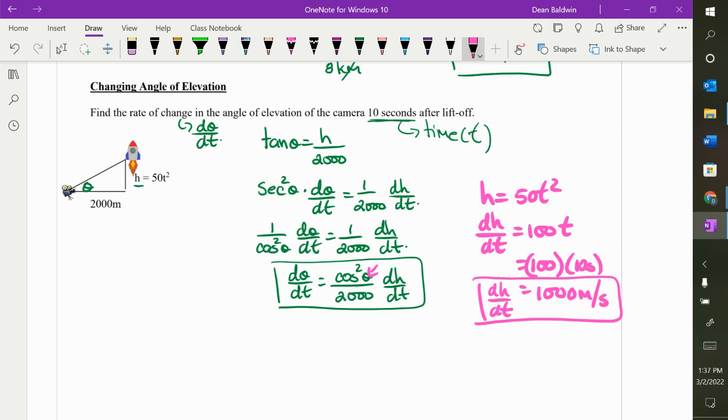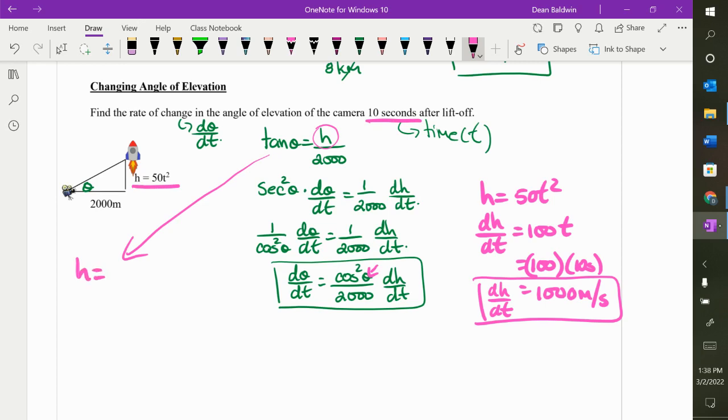Okay. What can I use? Inverse tan. Yes. So I'm going to use our original. If I know the height at a certain time, I can figure out theta. Does everybody agree with that? Okay. Can I figure out the height? Yes, because it's 10 seconds after liftoff, and our height is defined as 50 times t squared.